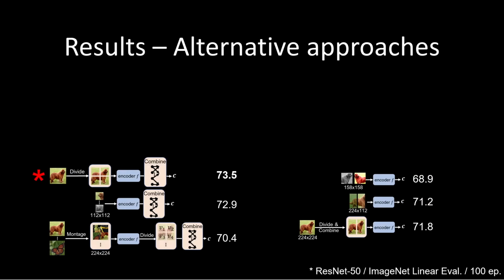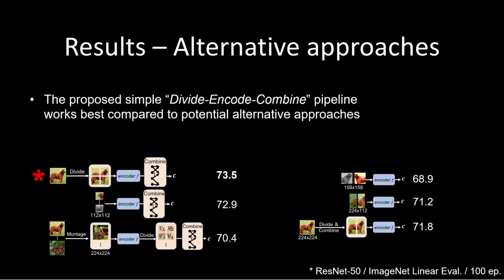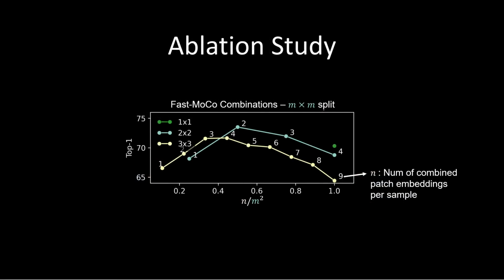The proposed simple divide-encode-combine pipeline is only one way to implement the combinatorial patches. We also investigated many potential alternatives, and it turned out that the simple divide-encode-combine pipeline works best compared to those alternatives. Here is the ablation study of the patch size, which is determined by the divide base number m and the number of combined patch embeddings per sample n.